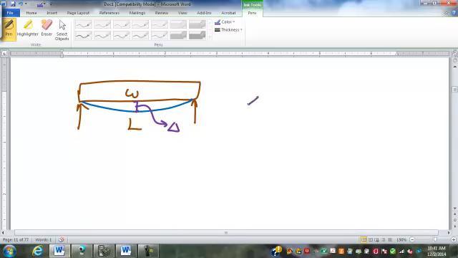So that deflection, delta max, which just means this is the maximum possible deflection due to this loading condition, is 5 times omega times the span or the length to the fourth power over 384 times the elastic modulus times the moment of inertia for the beam's cross section.